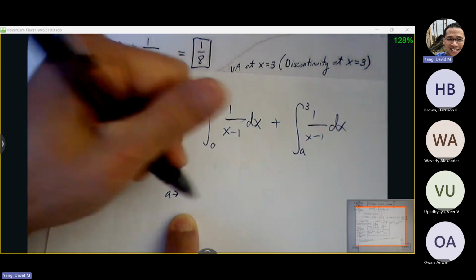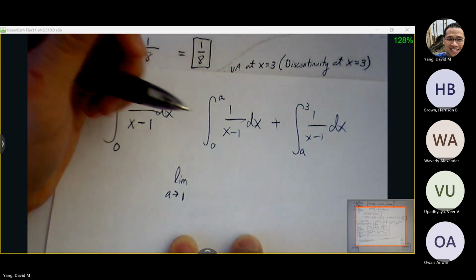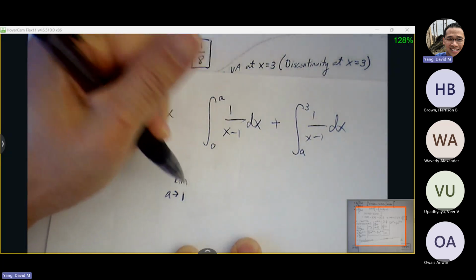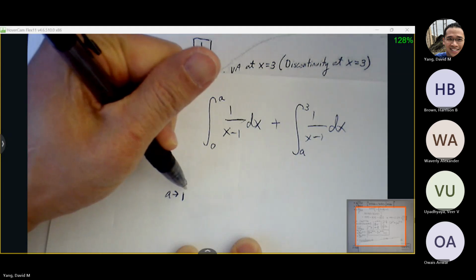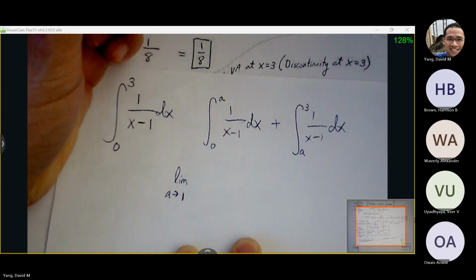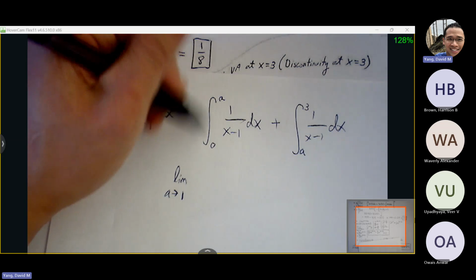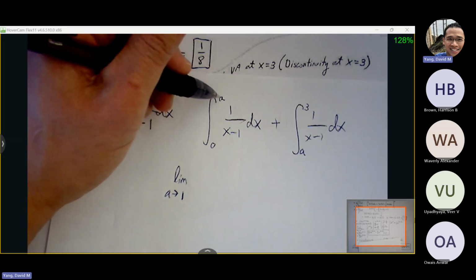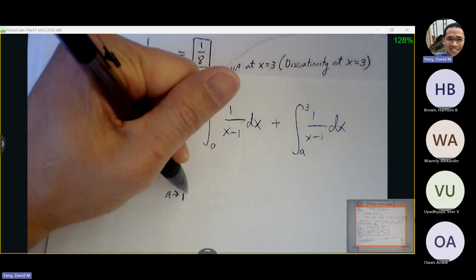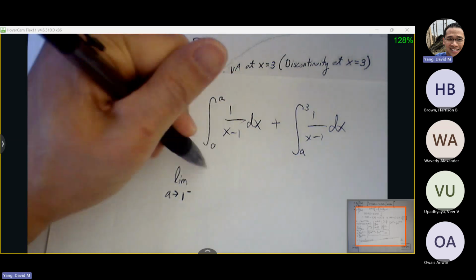And this will be approaching 1 from the... okay, sorry. So 0 to A, we're on the left side of A. So approaching 1 from the left.